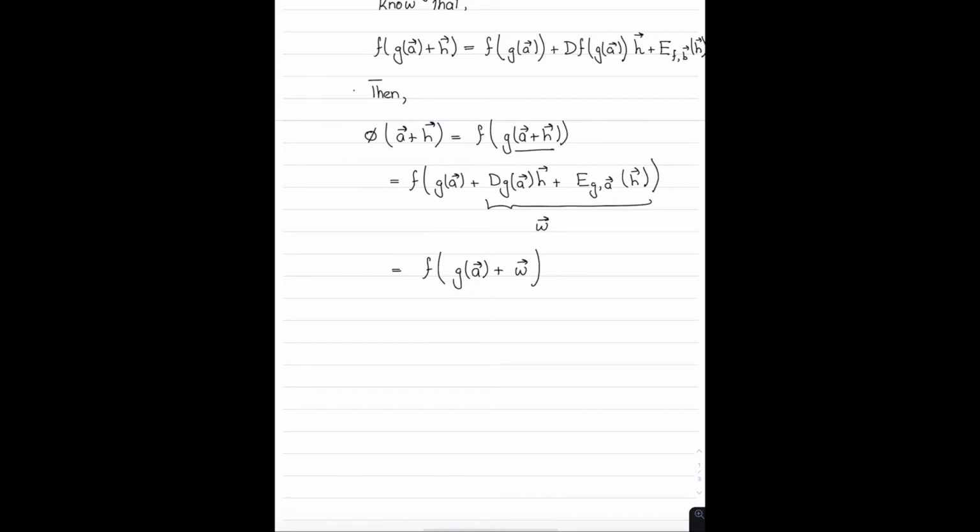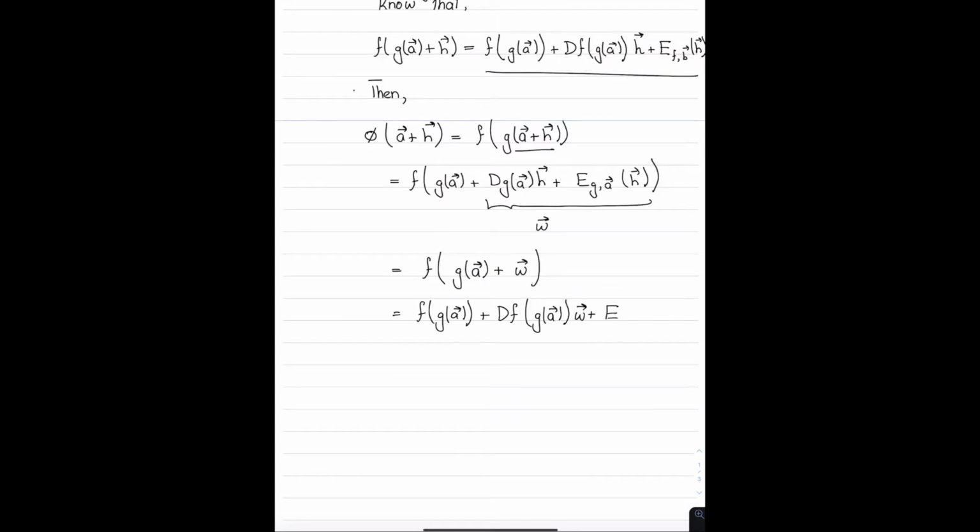So when we expand it out, it will become f evaluated at g of a plus the derivative of f evaluated at g of a, times the vector w, because we replaced the vector h with the vector w, plus the error term.